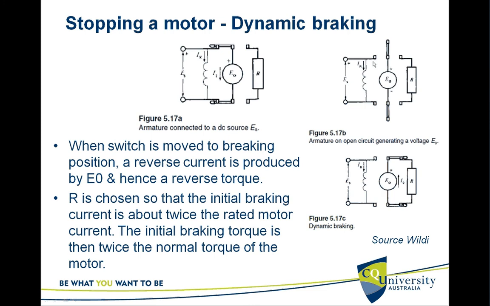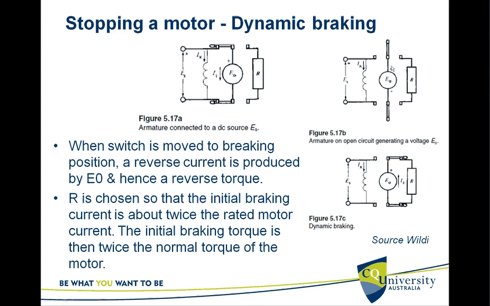But now there is no more ES acting on the armature terminals, but E naught is acting in this direction. So earlier current came into E naught, whereas there is no current coming in now. So E naught, the back EMF, will drive a current through R, which means the current is now opposite.